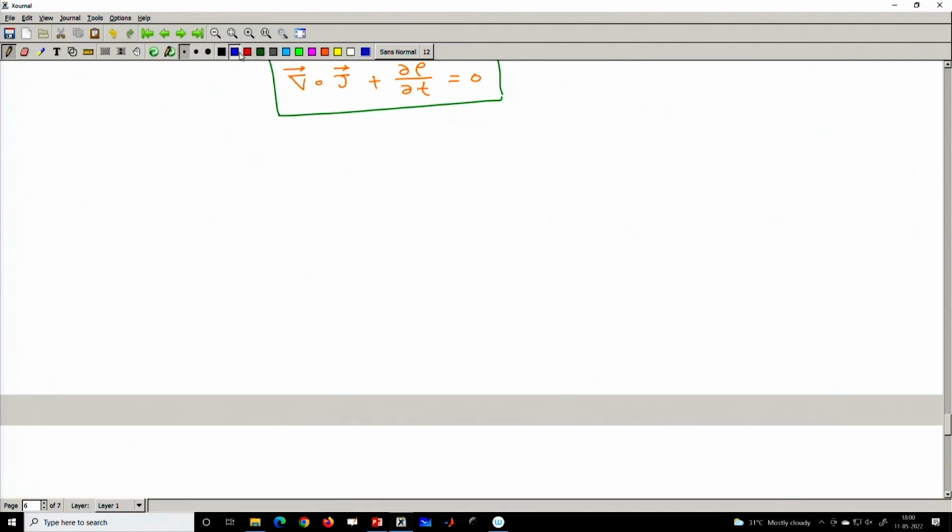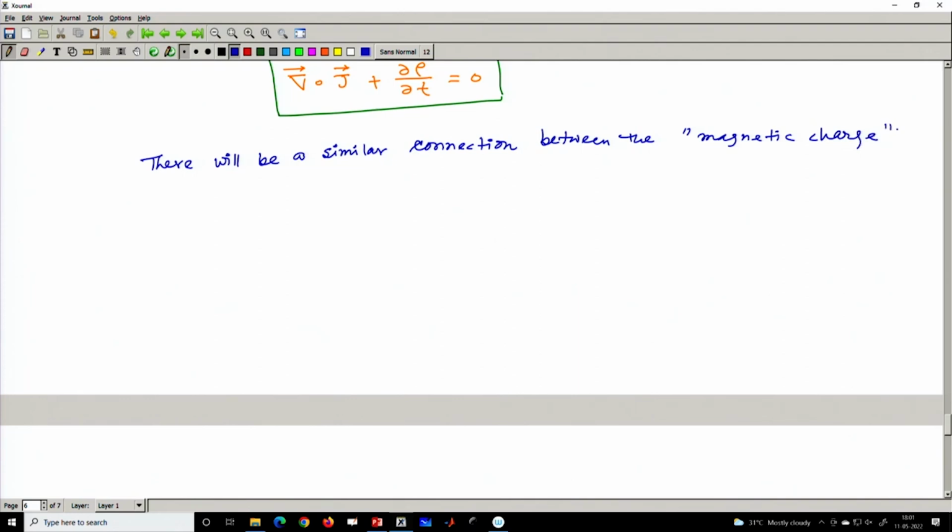Now, one can expect that in principle there will be a similar connection between something called magnetic charge density, like the electric charge density, obviously, which happens to be 0.